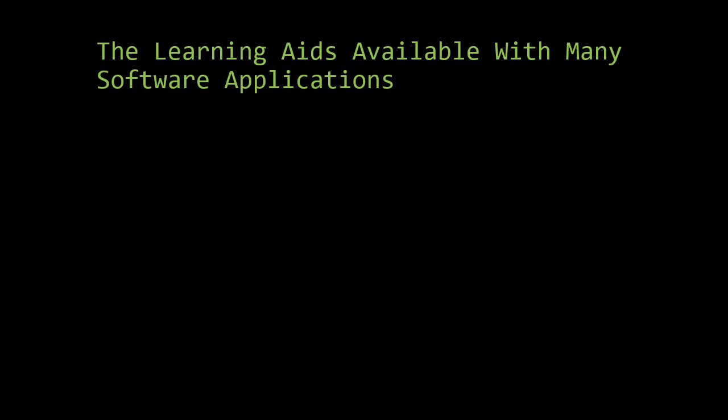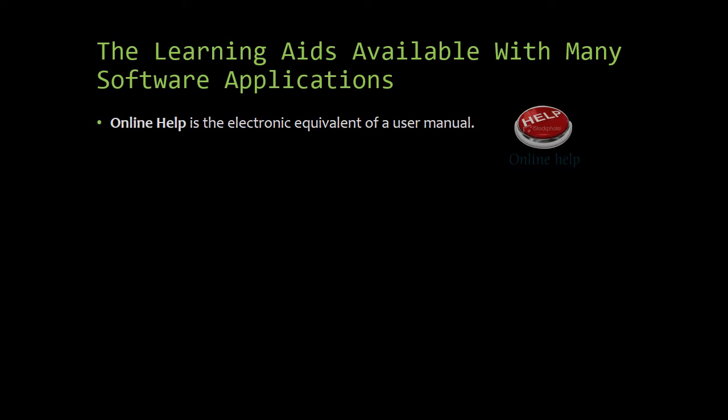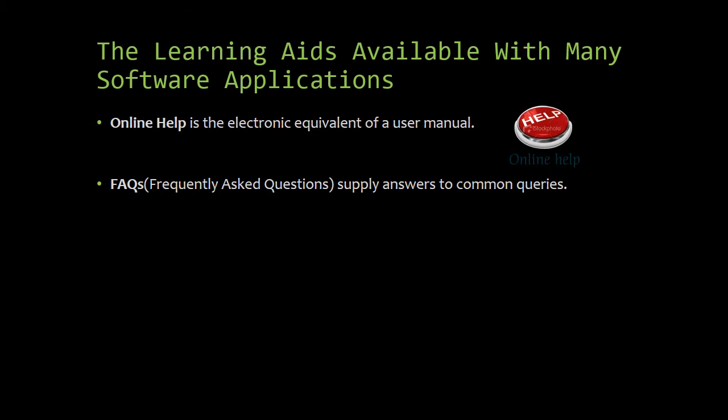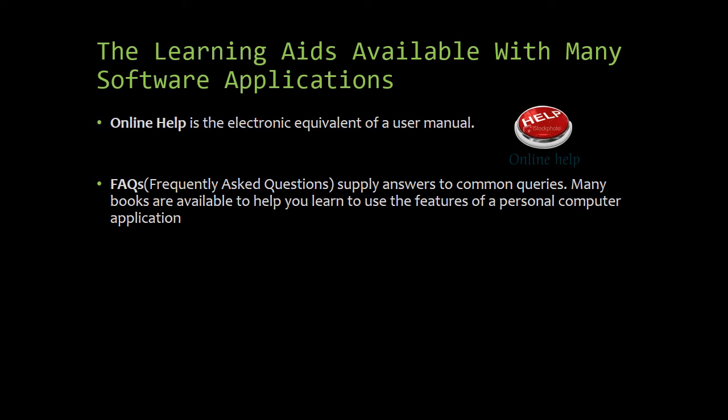The learning aids available with many software applications. Many software applications and websites provide learning aids. Online help is the electronic equivalent of a user manual, usually integrated into an application software package. Online help often is context sensitive, meaning that the help information is related to the current task being attempted.